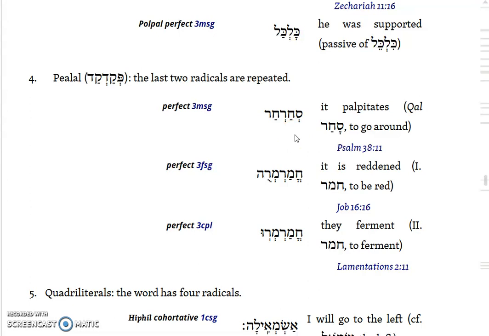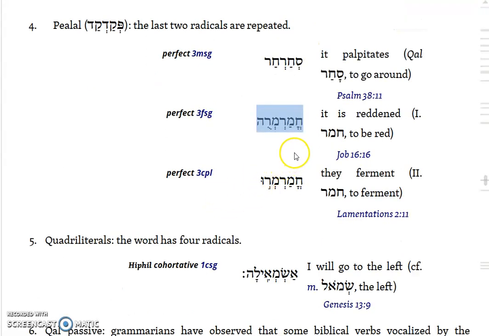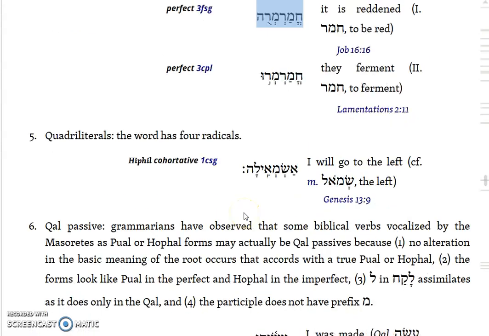It'll occur in the pi'lal, and it ends up being saharhar, meaning it palpitates, related again to going around, making something go around. And you have another form that means to redden, which by the way is misspelled. That should be a kamatz under the resh. If you look it up in Job, you'll find that out. And then there's chamar, to ferment. It also occurs in the pa'lal type form, reduplicating the mem and the resh.